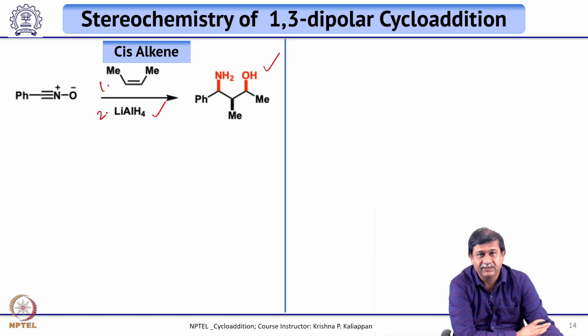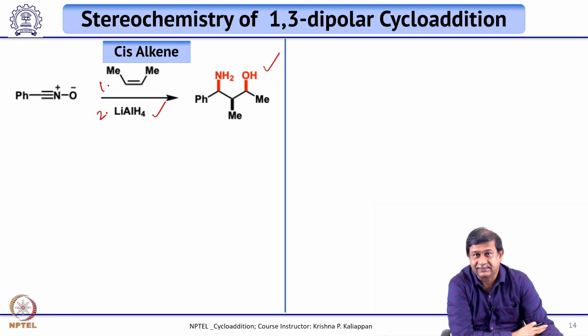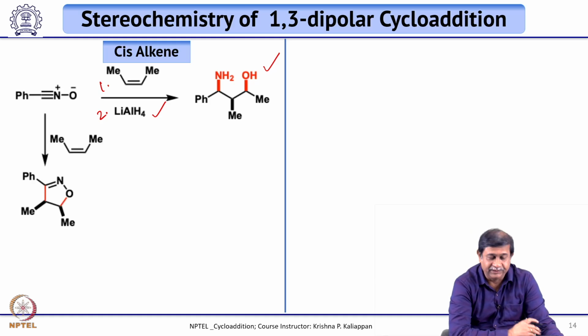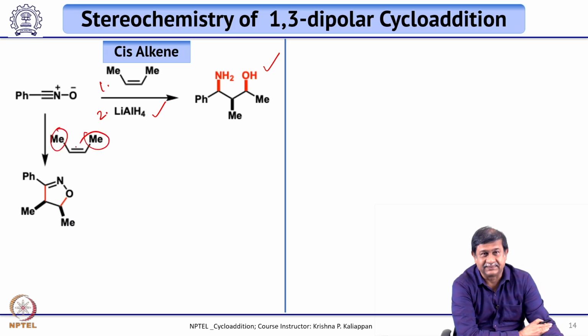Now if you look at this product closely, at the end of these two reactions, basically you have generated 3 new chiral centers. Simple dipolar cycloaddition followed by LAH reduction. How does it happen? As you know, now the 2 methyl groups are cis.